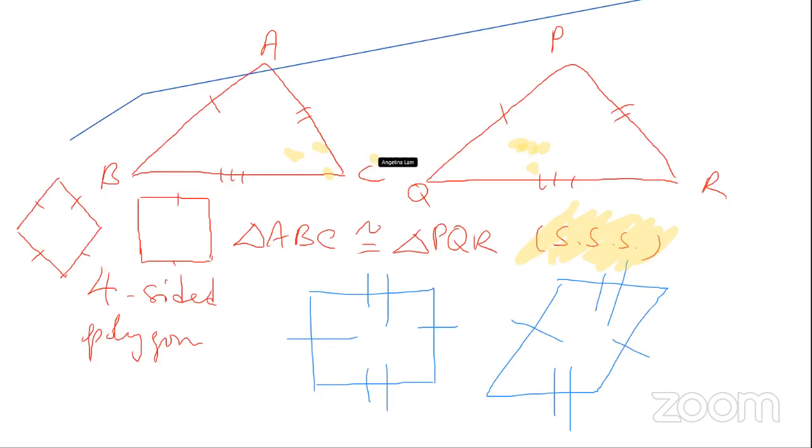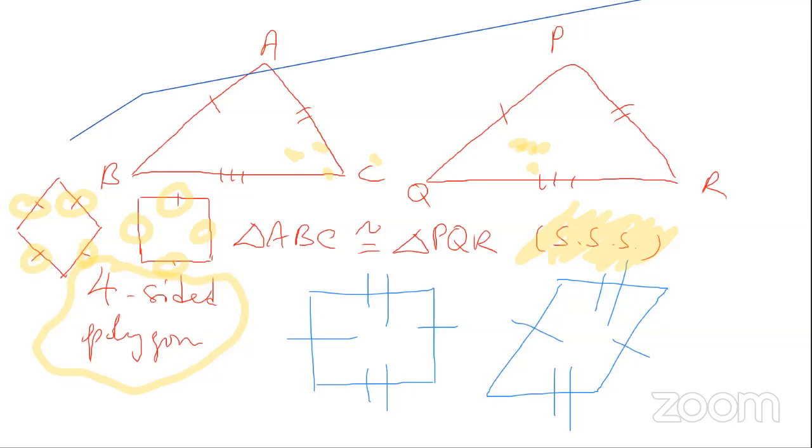But when we talk about polygons with more sides, like a four-sided polygon, even if all the lengths are the same, the figures may not be congruent. Therefore, at this moment, we just focus on triangles, because for triangles the case will be simple.